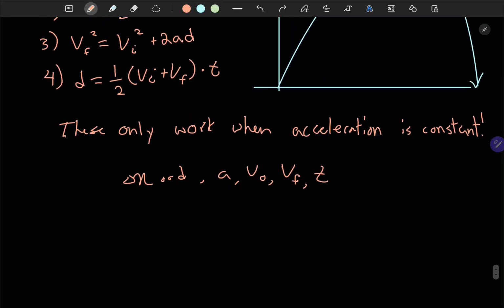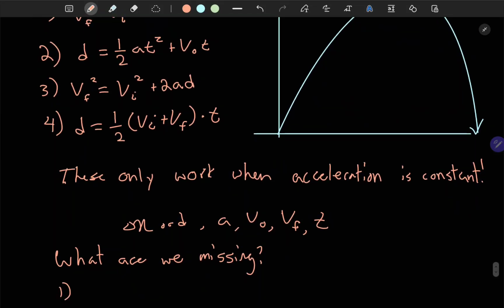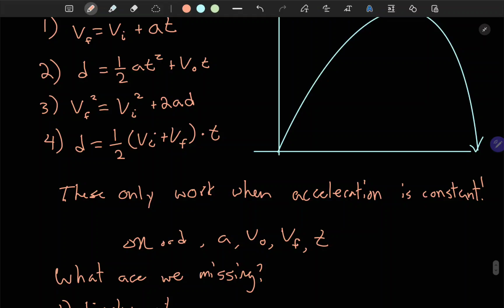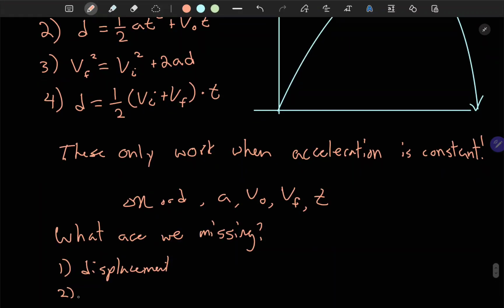So just to write it down, what are we missing? Note for number 1, we are missing displacement. For number 2, we're missing the final velocity.